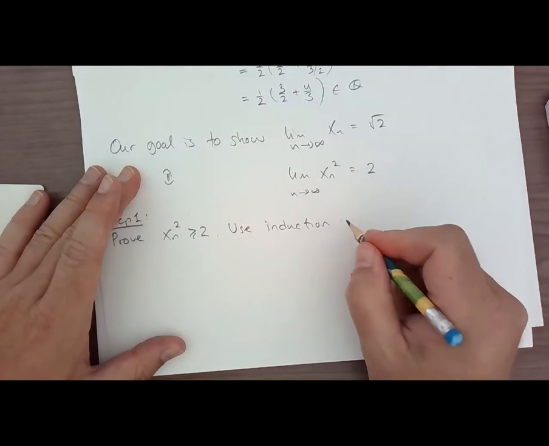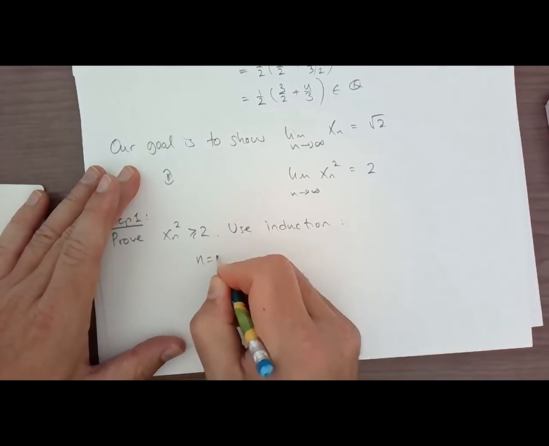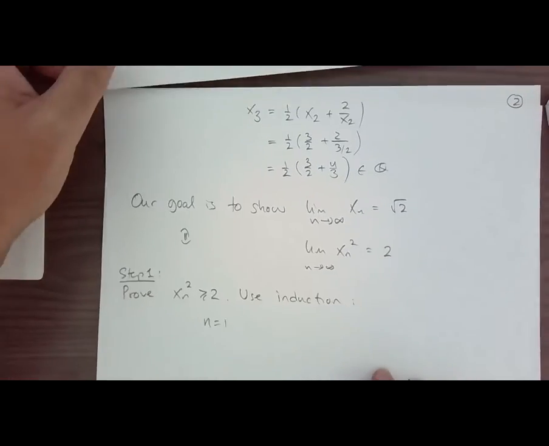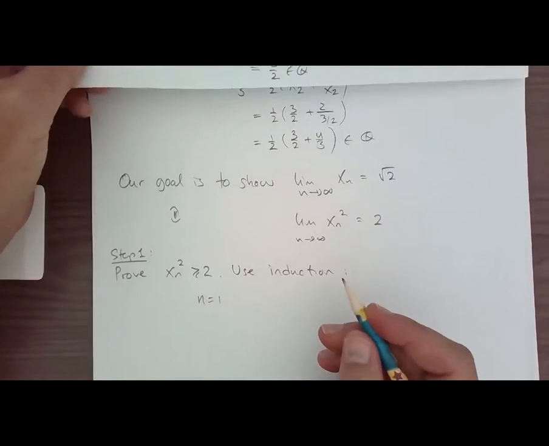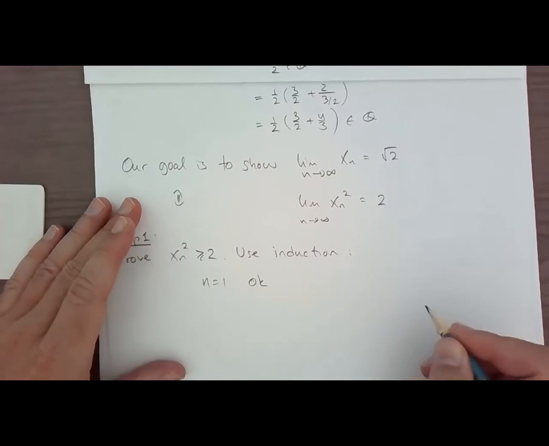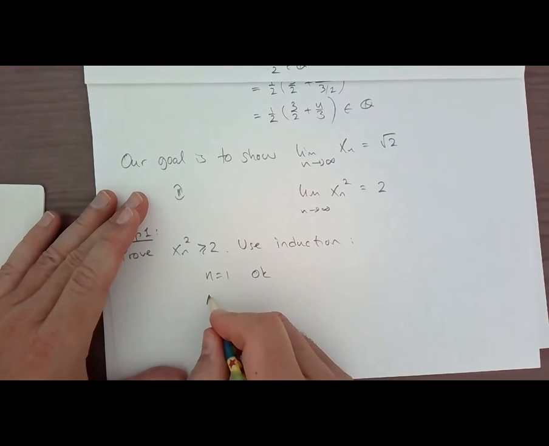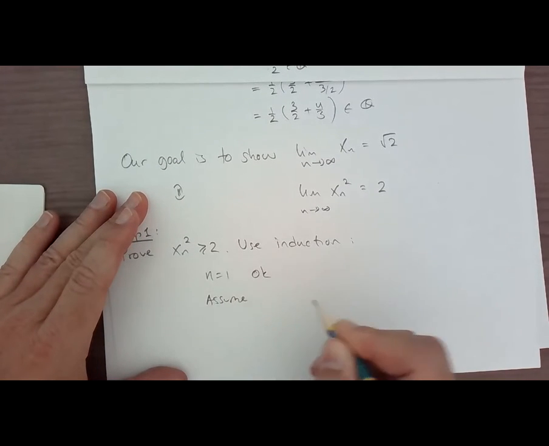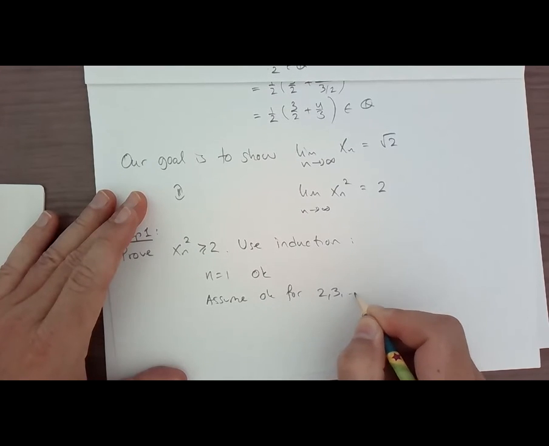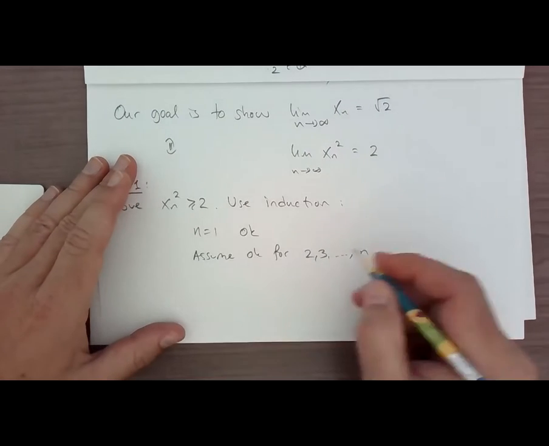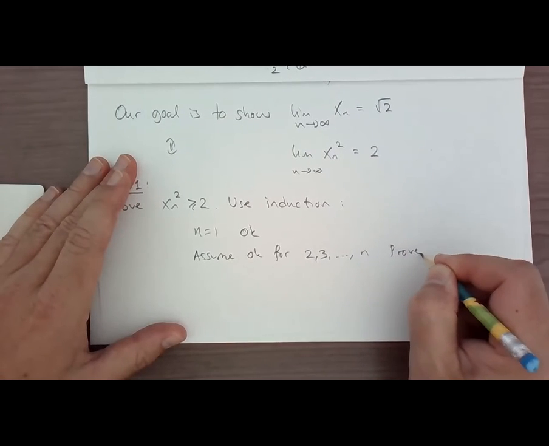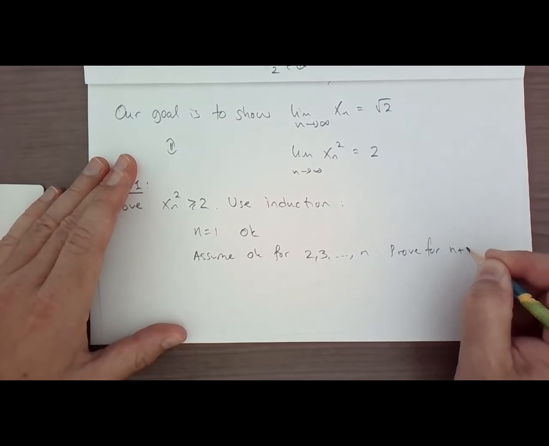So for n equal to 1, we have a 2 here, so we square 2. This is okay. And then you're going to make the assumption that it's okay for 2, 3, all the way up to n. And then you're going to prove it for n plus 1.